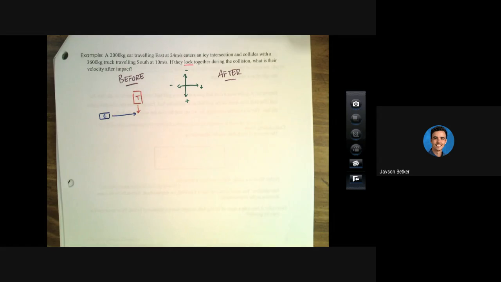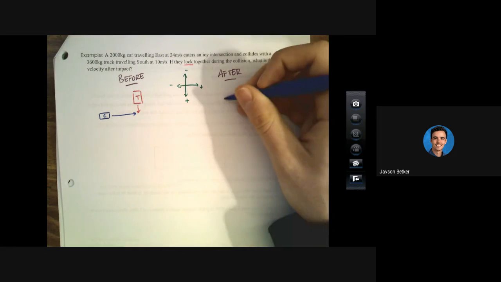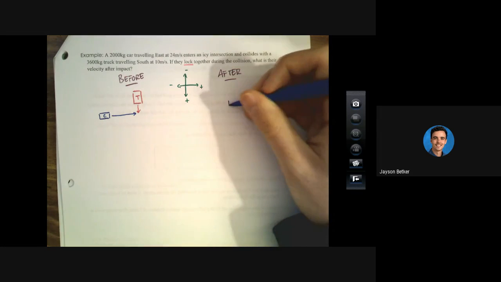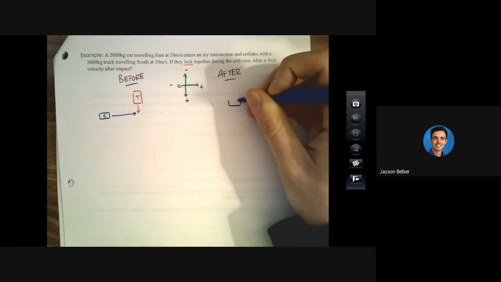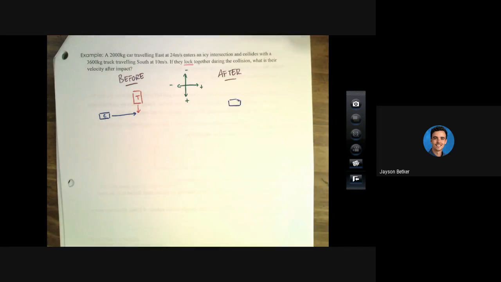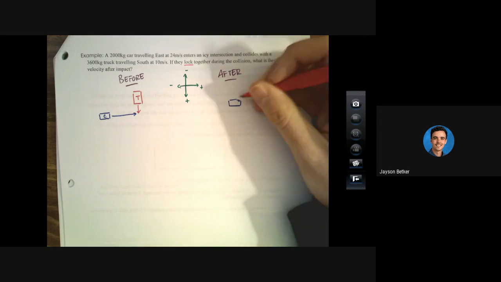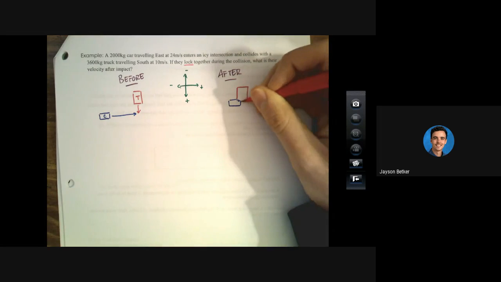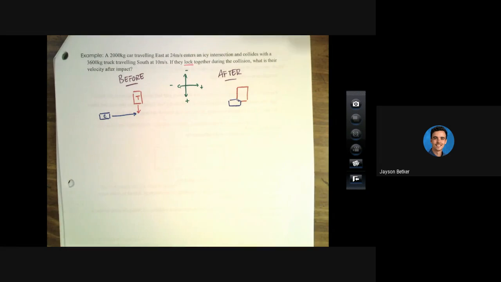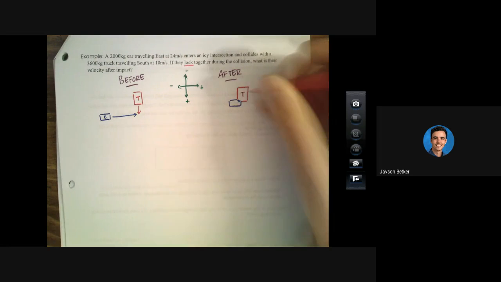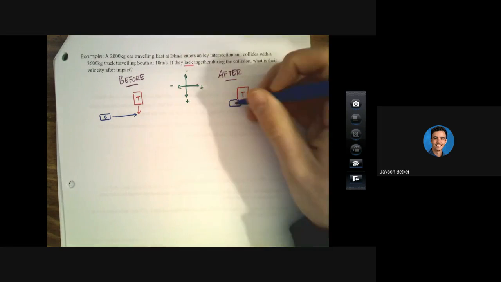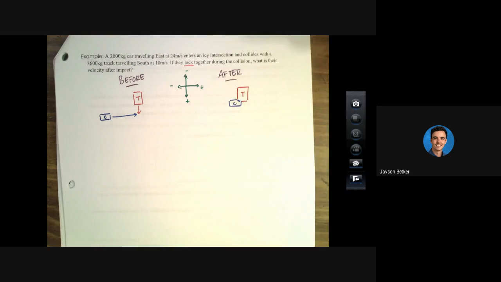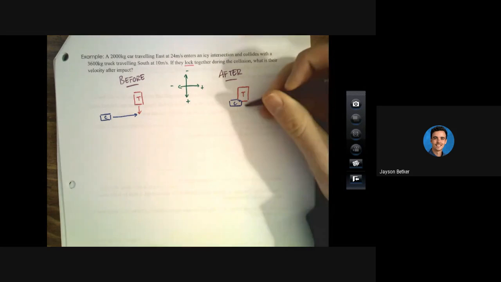So they collide, and you've got the car right here, and maybe the collision happened at the front there. Then we've got the truck right here, and they are stuck together as one total mass. Oh, the truck got bigger. That's okay, you get the idea. They are stuck together and are now moving in a direction like so.